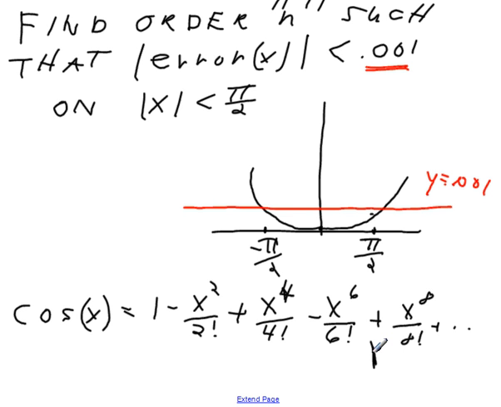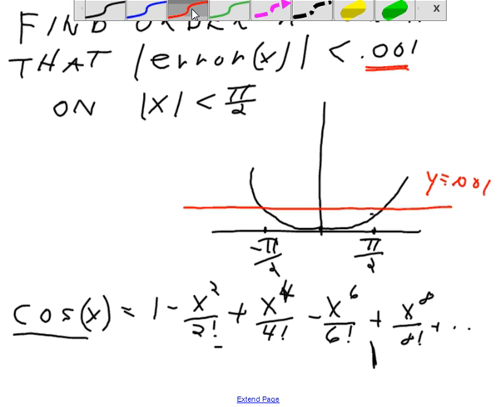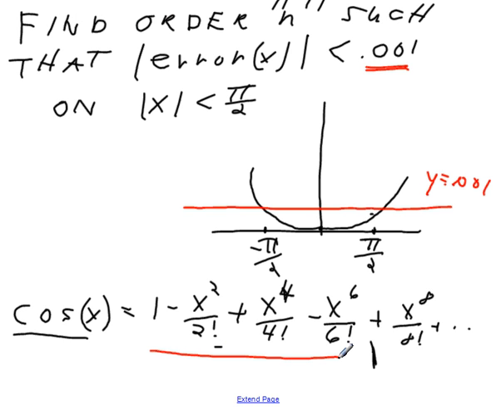Well, the first way you could do it is put it in your calculator. Remember, where's the error going to occur? Where's the error going to be greatest? We already said the error term is the original function minus the approximation, and that's going to be an even term. The error is going to be maximum at these endpoints, pi over 2.